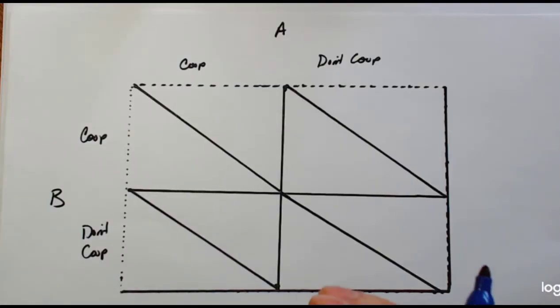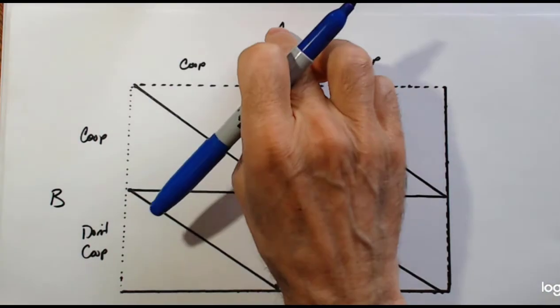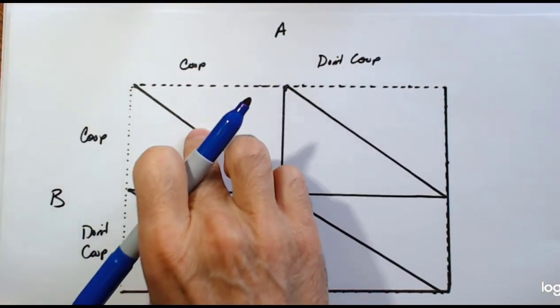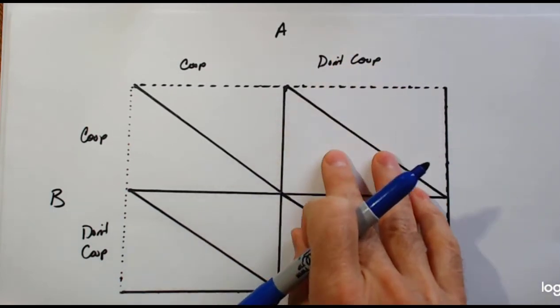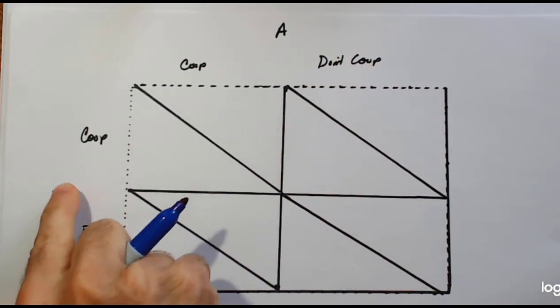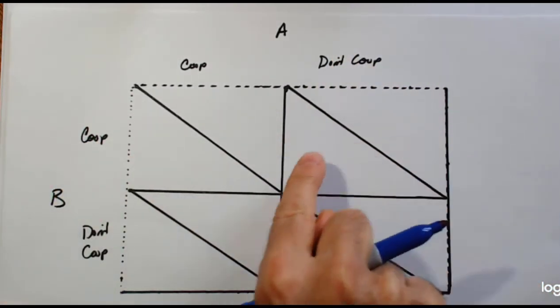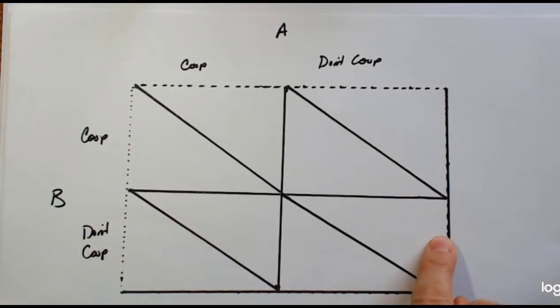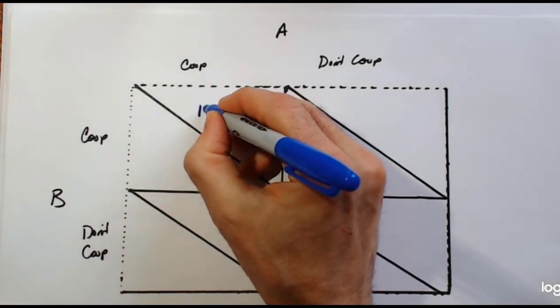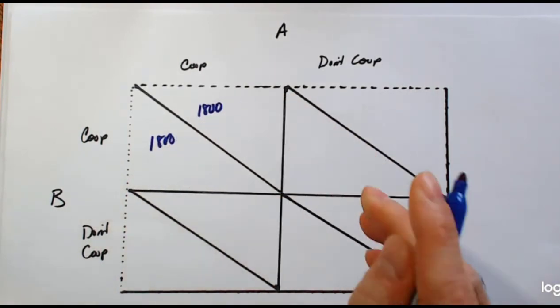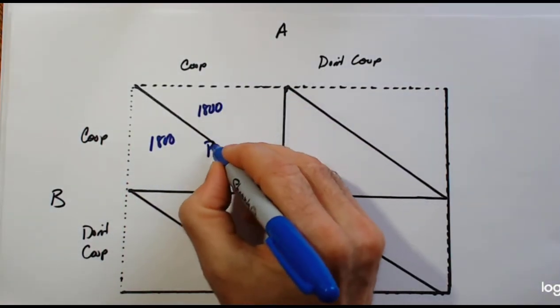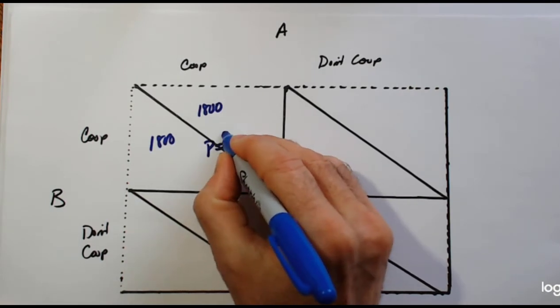So let's develop this payoff matrix. Here's A, and A can cooperate in this column or not cooperate and act in its own self-interest. B can cooperate or B cannot cooperate. We started off by saying, look, if the two cooperate, they act like a monopoly, you restrict output, and the price stays relatively high.